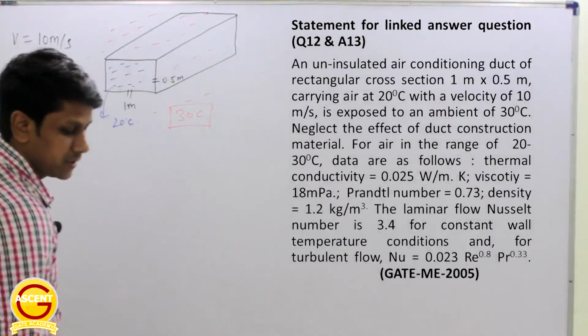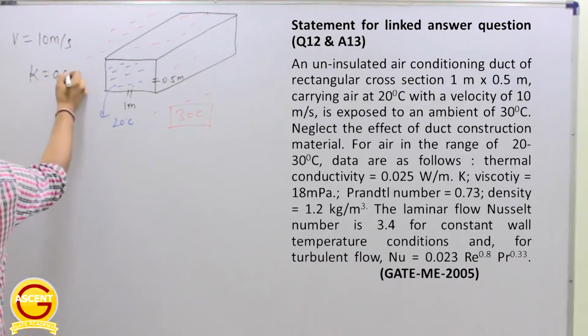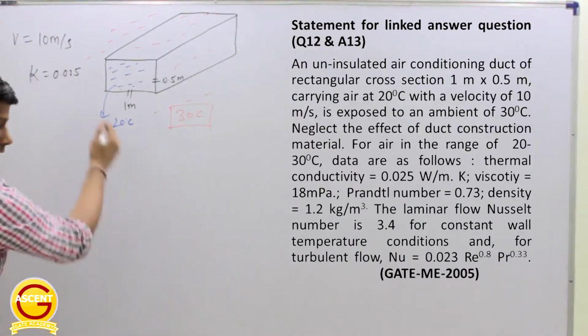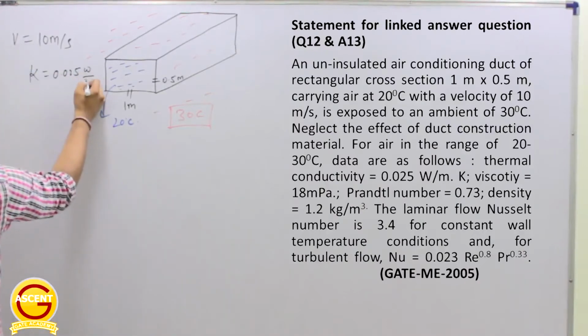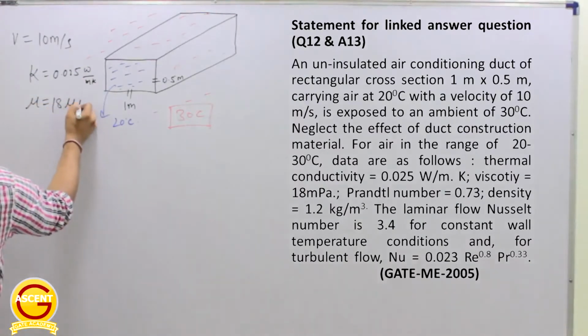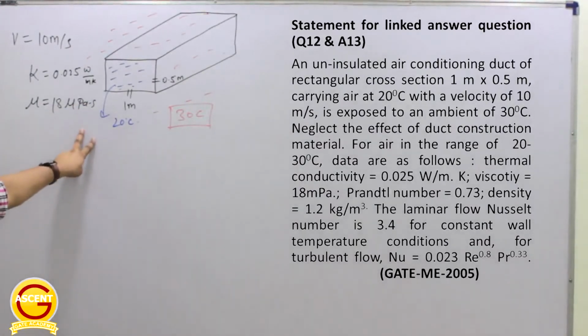So thermal conductivity is given as 0.025. So let's write down the values. It is 0.025 watt per meter Kelvin. Viscosity is 18 micropascal second. So this dynamic viscosity is given as 18 micropascal second, and we have to convert it into pascal second, the SI unit of viscosity.